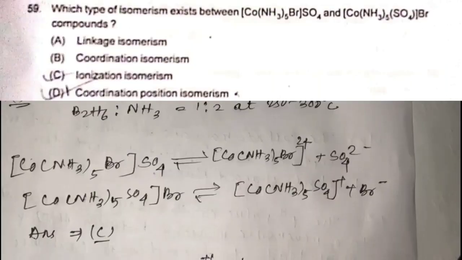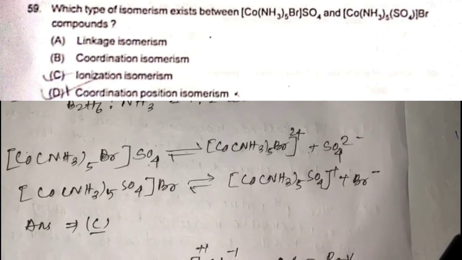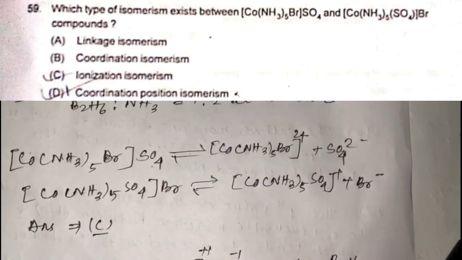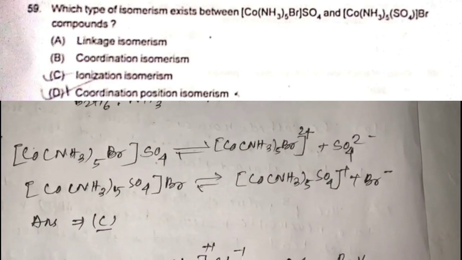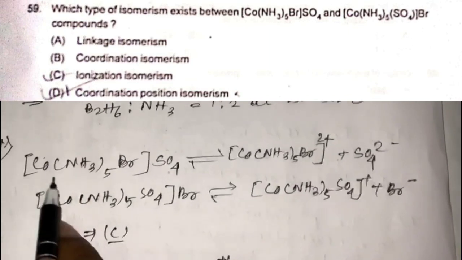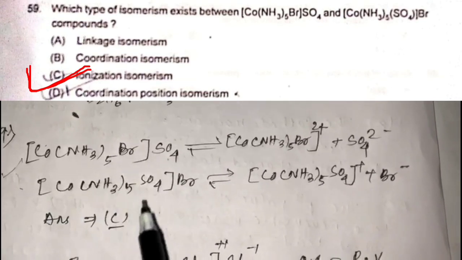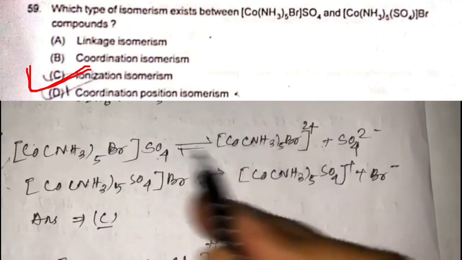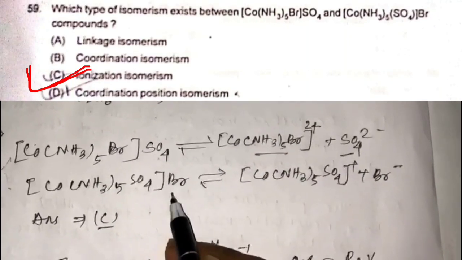Okay. Switch over to our next question, that is, which type of isomerism exists between Co(NH3)5Br SO4 and these complex compounds. Okay, so these are two complexes which are given to us. So what happens if you dissociate these two complexes, you will get this type of ions.